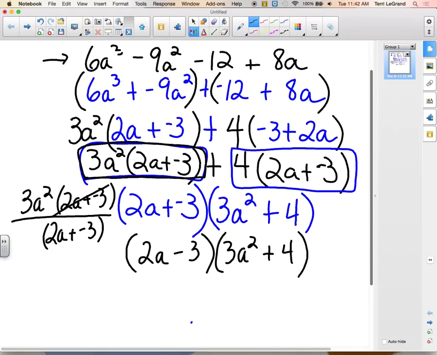This cancels with that, and that's what our result is. So that's where that came from. And then the same thing over here with that one. Okay, that help? Anybody else?